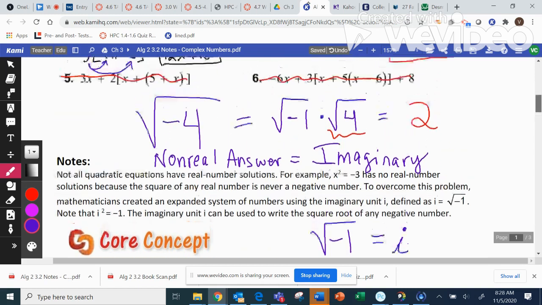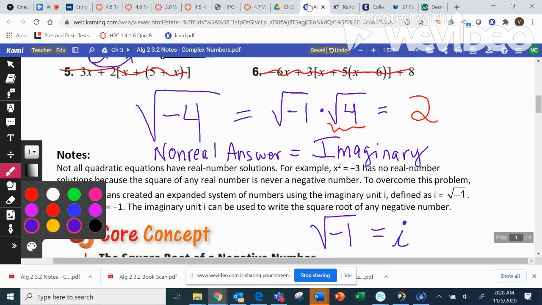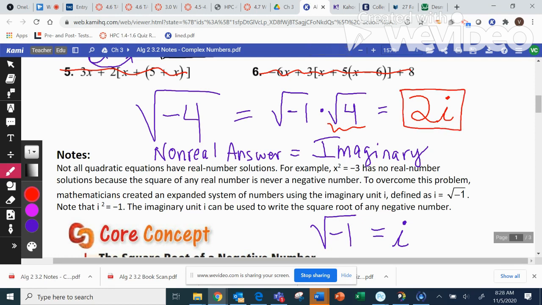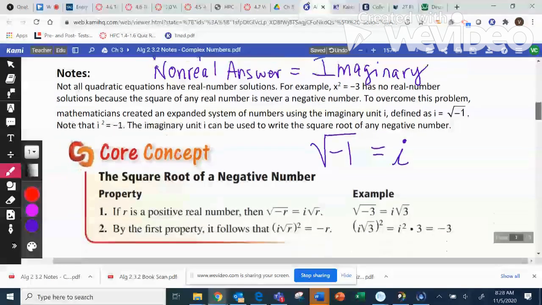So right back up here, where I'm taking the square root of 4 and the square root of -1, I will have 2 multiplied by i. This is the square root of -4: 2i. So now we can take square roots of negative numbers. Yay! That's what we're doing today.